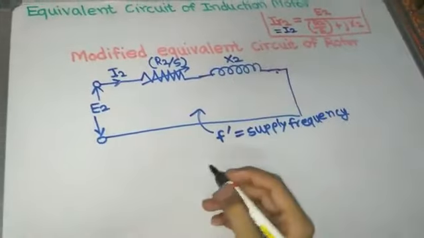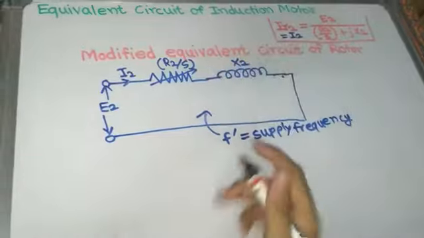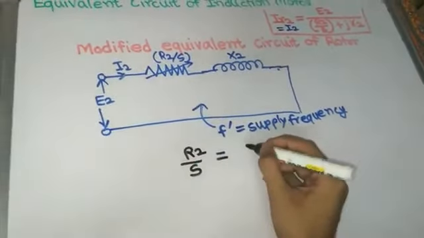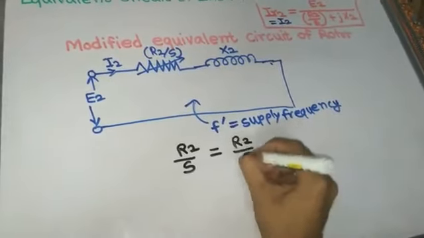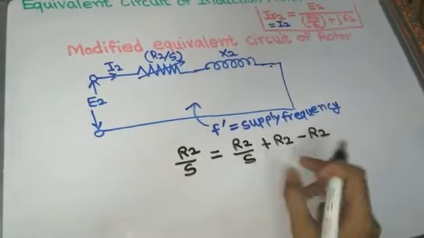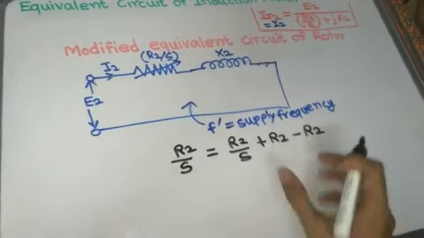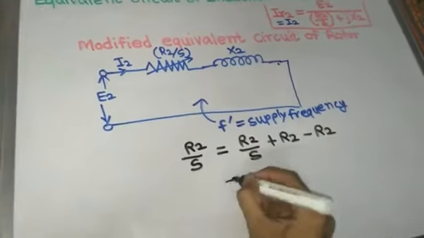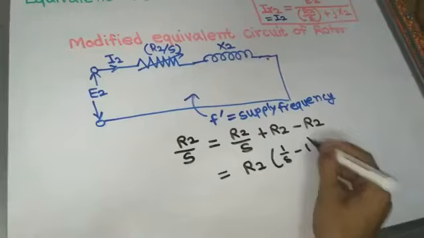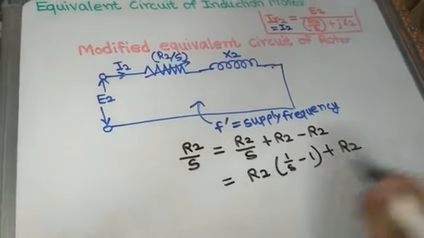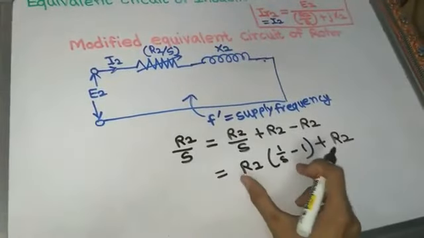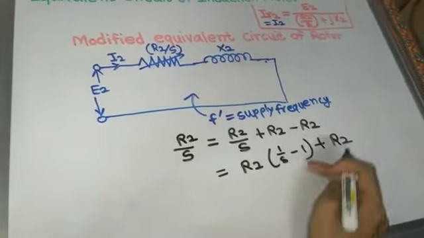Now we can also modify that modified equivalent circuit of rotor by making the arrangement R2 by S is equal to R2 by S plus R2 minus R2. By making this arrangement, R2 by S plus R2 minus R2, which is equal to R2 by S, we can get R2 in bracket 1 by S minus 1 plus R2. This means one rotor resistance per phase is constant, and the other rotor resistance depends on the value of slip.